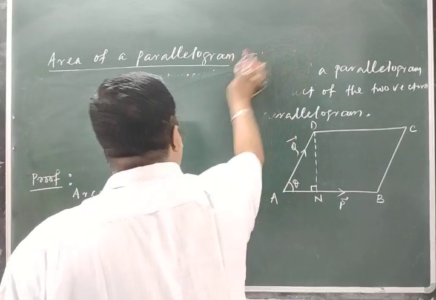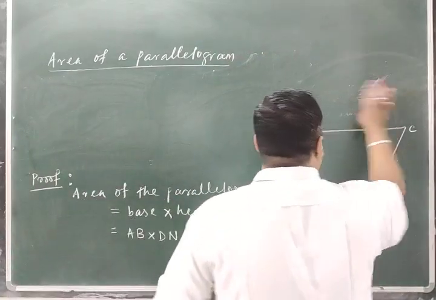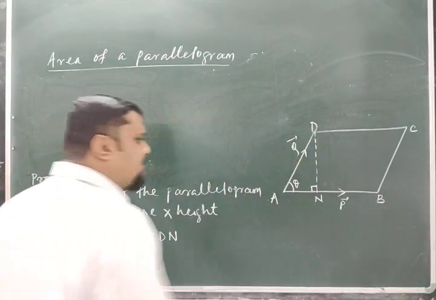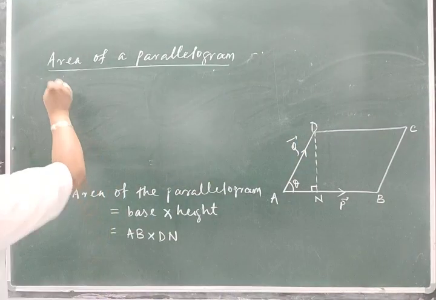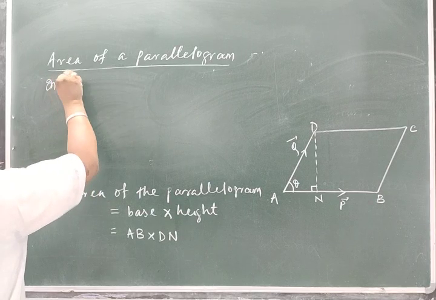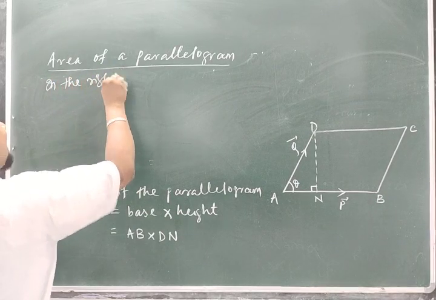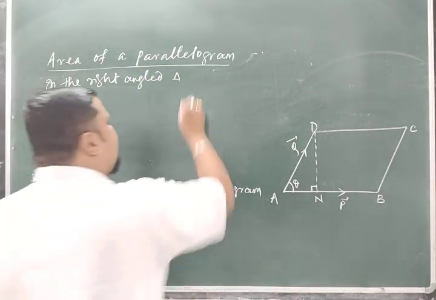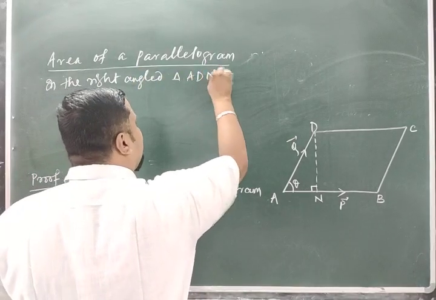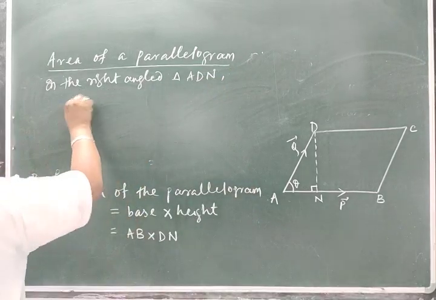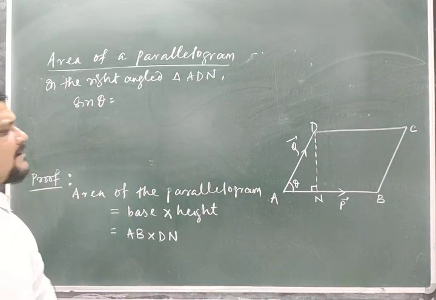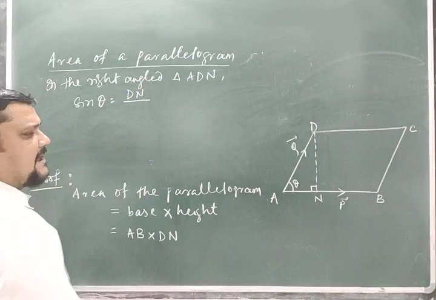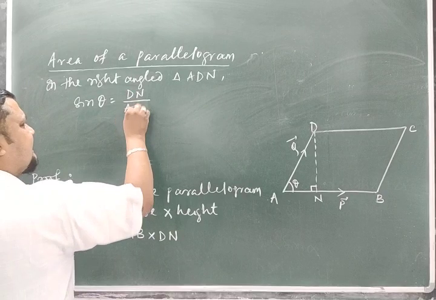Now for the height DN. To find this height DN, use the right angle triangle ADN: sin theta is equal to DN divided by AD, isn't it?